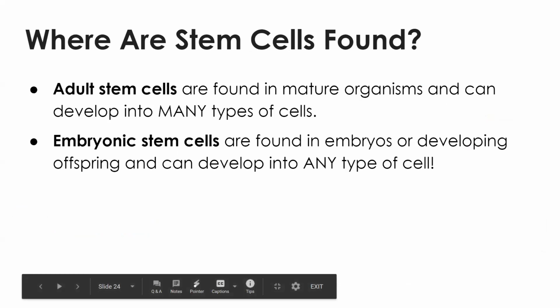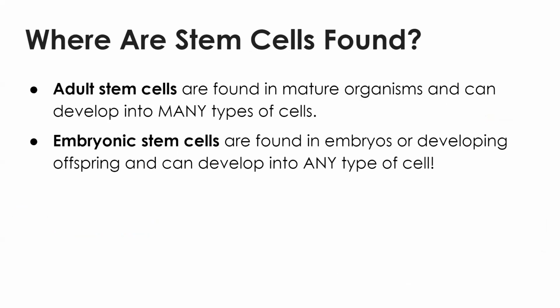There are two kinds of stem cells. There are adult stem cells and there are embryonic stem cells. Adult stem cells are found in mature organisms and can develop into many types of cells. So adult stem cells, typically found in places like bone marrow, can develop into nerve cells, muscle cells, skin cells, and many other kinds of cells.